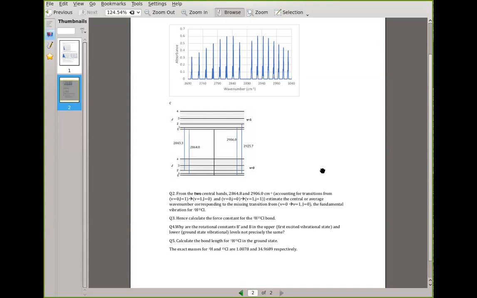Any ideas? Anything? Why would your rotational energy levels be slightly different when you go up to a higher vibrational energy level? It's really important. Okay, so think about it.